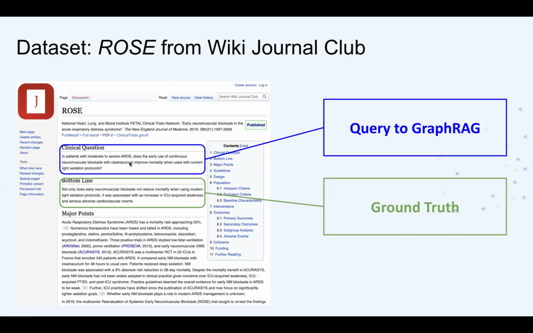In this paper, we have a clinical question which we're going to query to the GraphRAG model. We also have a bottom line, which is the conclusion from this paper, and it is going to be served as a ground truth later, comparing with the output from the GraphRAG model.